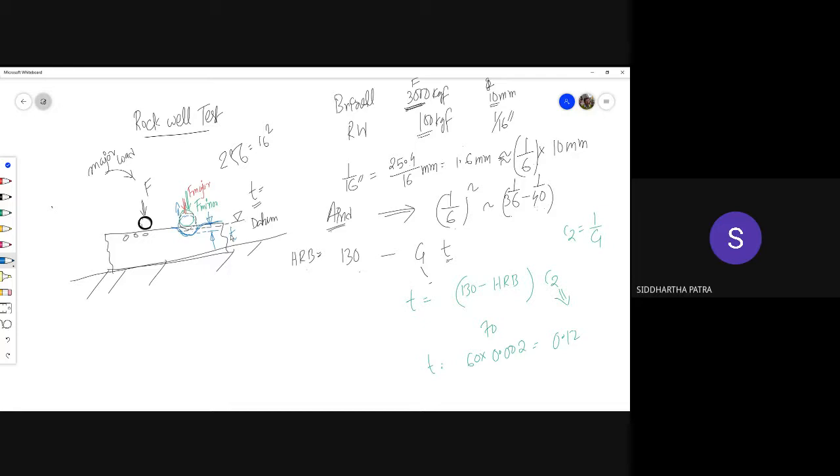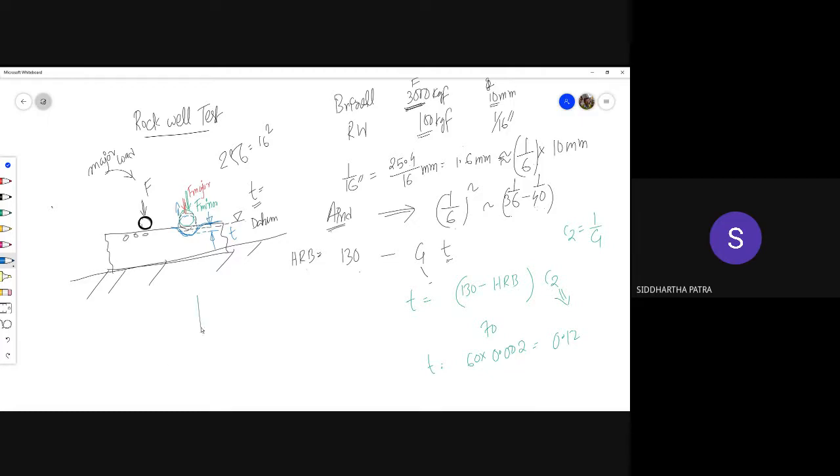At that situation, your specimen regains some of its deformation in the form of elastic strain, but that is only a very tiny component. But it is at this stage that you measure the depth of indentation, from the datum height.